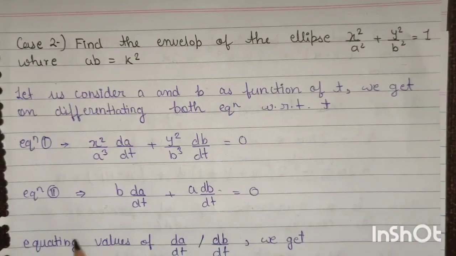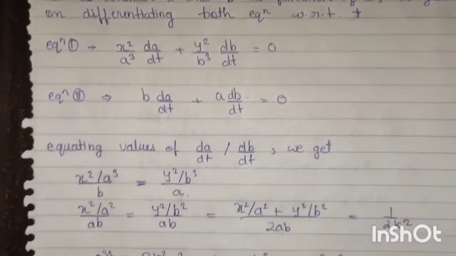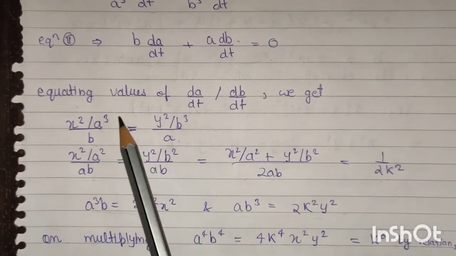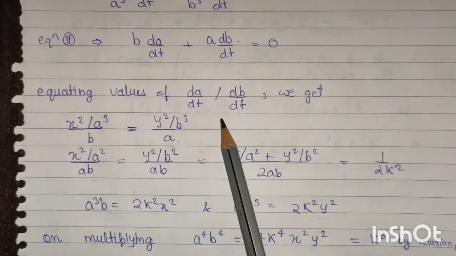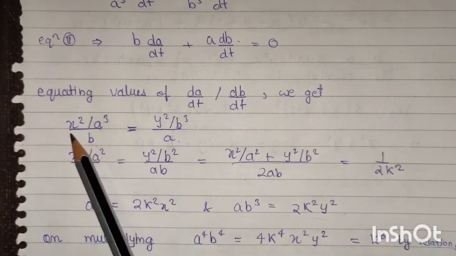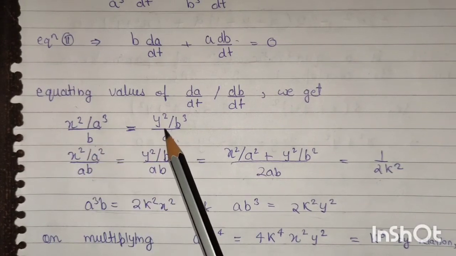Now differentiating equation 2, ab = k², we get b dA/dt + a dB/dt = 0. For finding the equation, we will eliminate dA/dt and dB/dt. We get (x²/a³)/b = (y²/b³)/a.